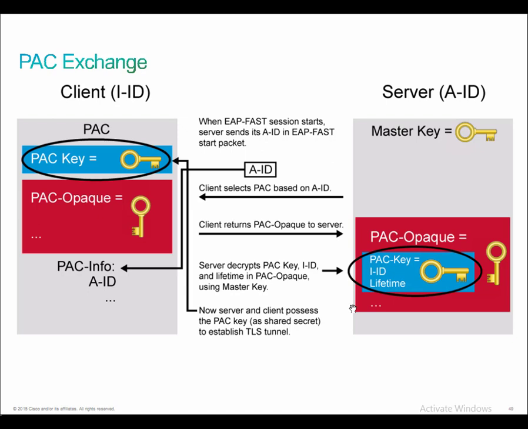And then remember, that pack key is what's used to set up the phase 2 part of the encryption, which is the encryption session. Now the server and the client have a shared pack key that was sent over the channel encrypted. And that's basically our shared secret key to establish our TLS tunnel. All right.